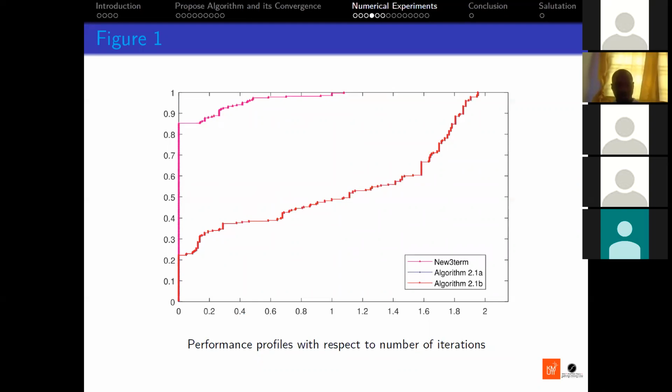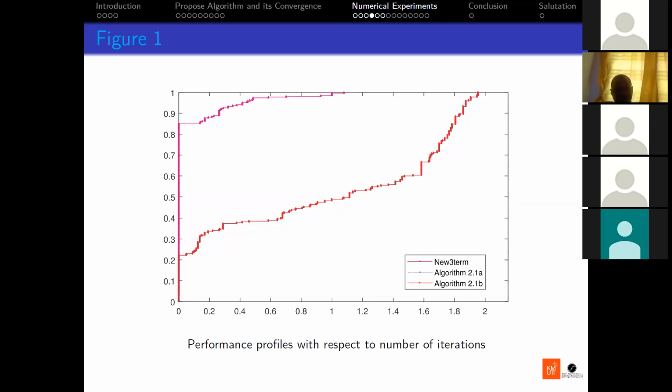Okay, this one. In figure one, if you see the pink line and the red line from the right-hand side, the graph seems to have converged to one, but the red one, your right-hand side graph, I am not sure about the behavior of this graph.